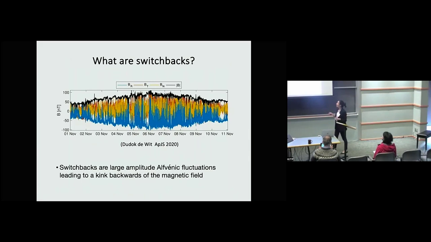You have three colors corresponding to the three components of the magnetic field, in blue, yellow, and red, and in black is the strength of the total magnetic field. First of all, notice that the three components are overlapped, but I hope you can appreciate that the amplitude of these fluctuations is gigantic. So the delta B is of the order of the B naught.